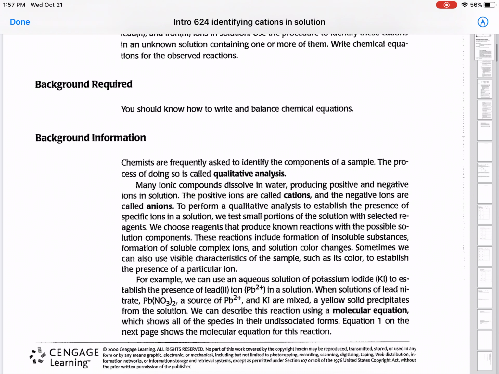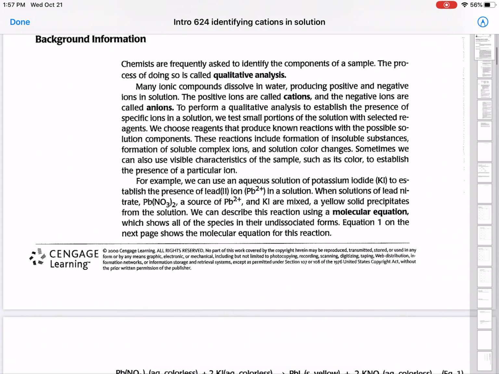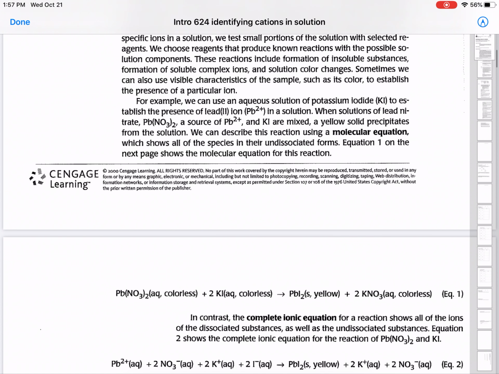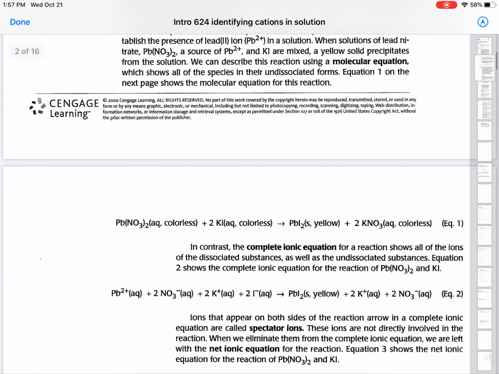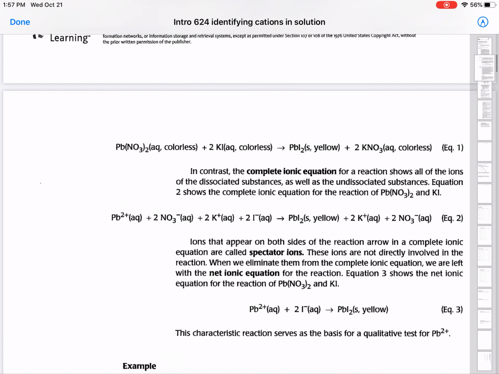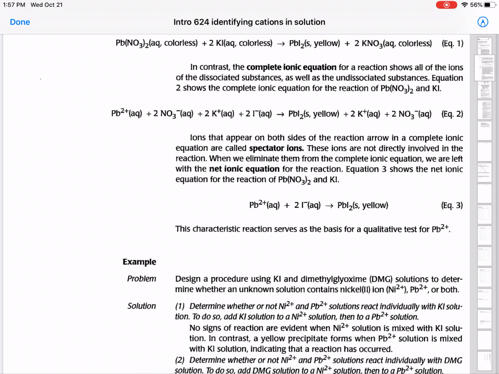It also talks about how to identify the cations in a solution by doing different experiments, and also how to write the molecular equation, complete ionic equation, and how to find the spectator ions, and then finally how to write the net ionic equation. Okay, everything is written down very well here for you to understand. You can read it leisurely and understand.